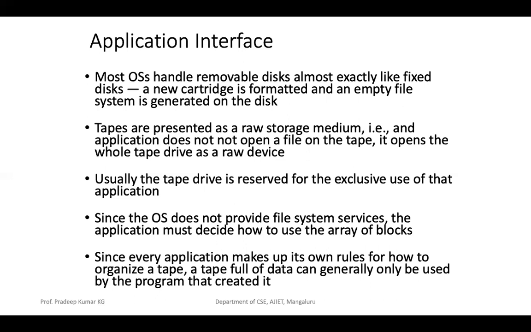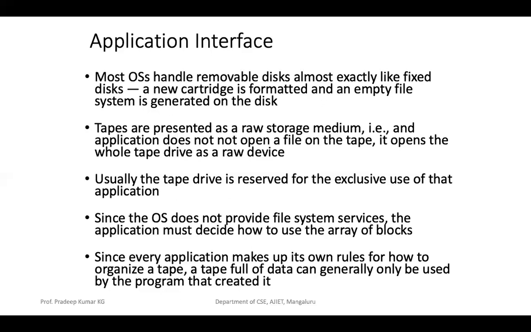Similarly, to deal with these disks and tapes, we need an application interface. We can give another example: pen drives, removable disks. Whenever you insert a disk into your USB, the operating system should recognize that disk with the manufacturer and all those things, and it will show you a prompt.